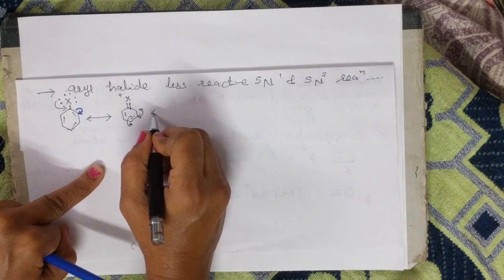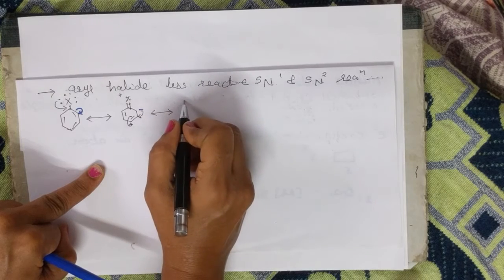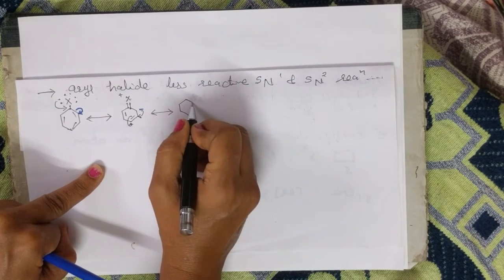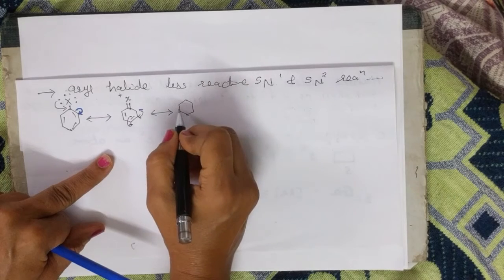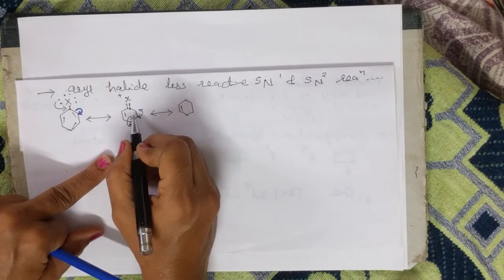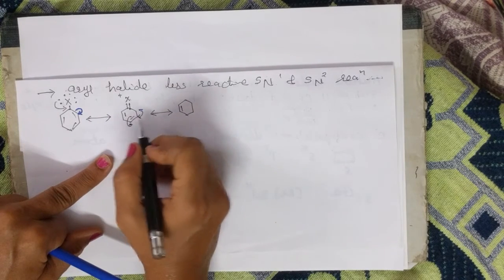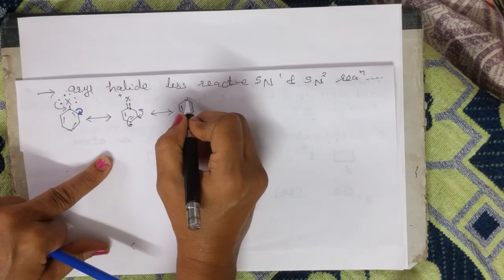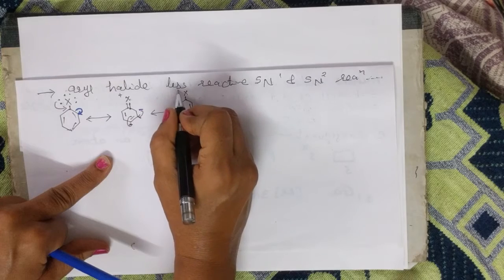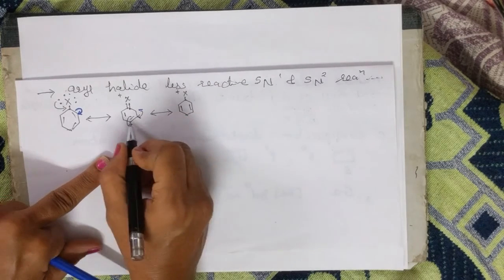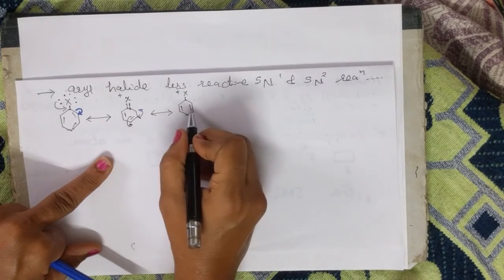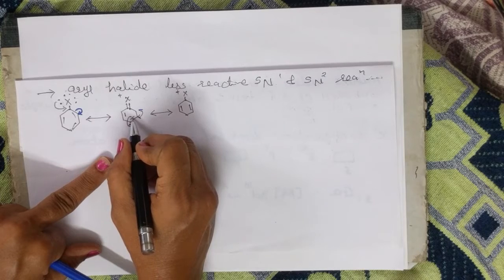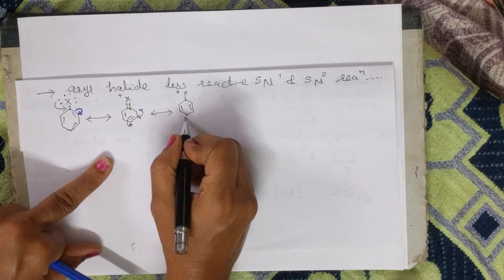So again it happens. This negative charge leads to the formation of a bond over here. Here you have X with the positive charge, and this bond, due to this negative charge, came to this position.